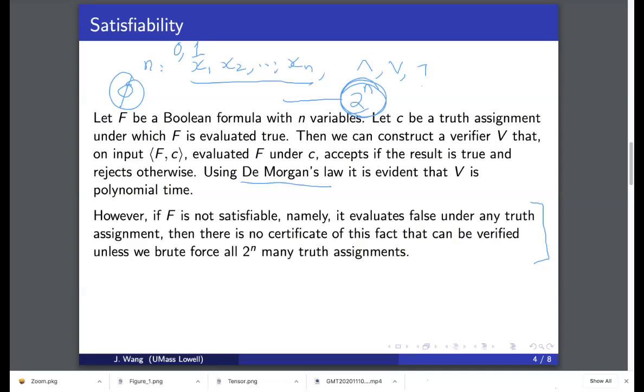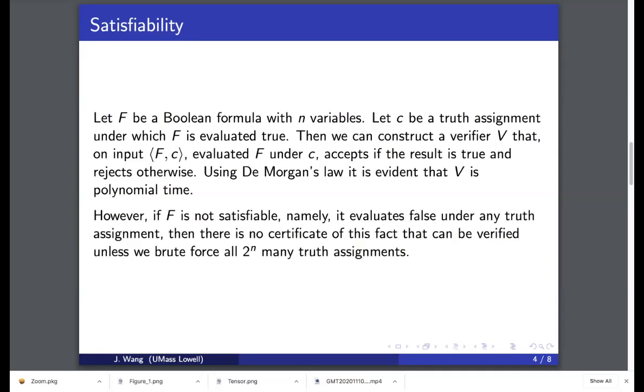But in general, given an arbitrary Boolean formula, we want to know whether it's true or not. In general, it's in NP, and later we'll show that it is actually the hardest problem in NP. That's NP complete. So that's the first example.